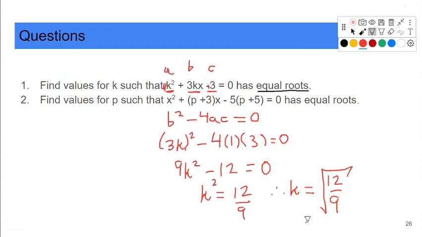We can write the top part as 2 root 3 on 3. I believe. I'm just doing that in my head. Yeah, 2 root 3 on 3.